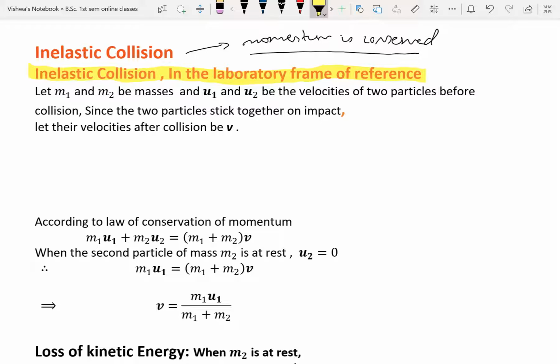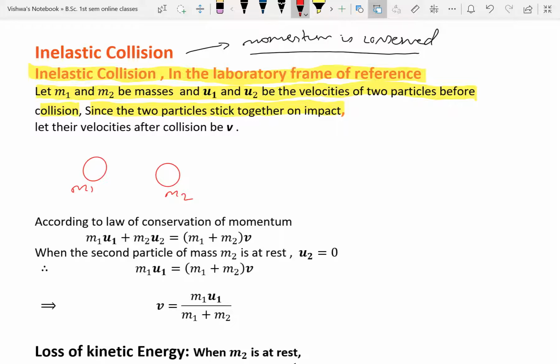Here we are considering two particles of masses m1 and m2, and they have velocities u1 and u2 before the collision. Since the two particles stick together on impact, what happens after the collision? See here, there are two particles, 1 and 2, with mass m1 and mass m2.